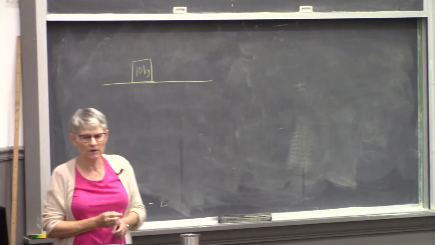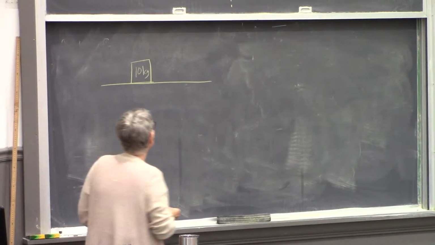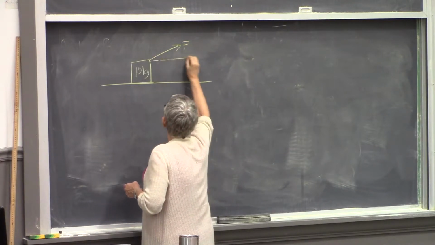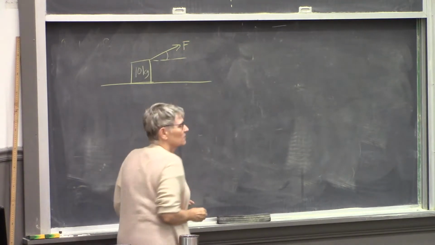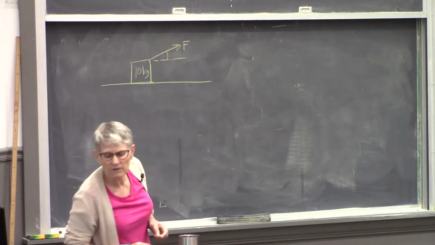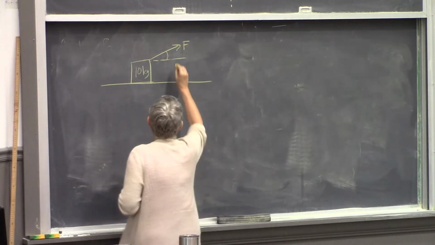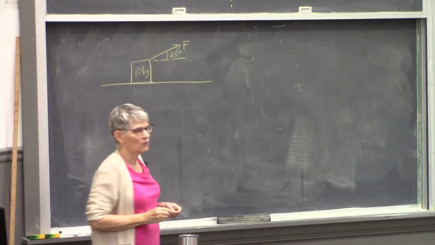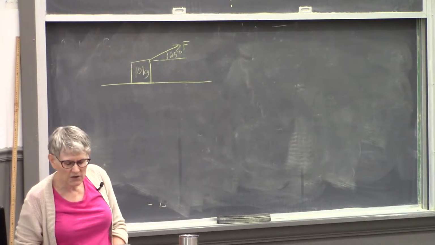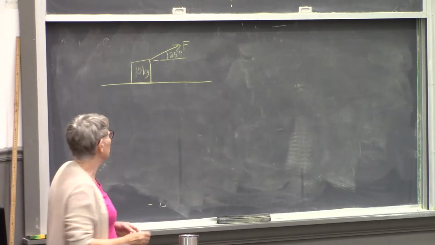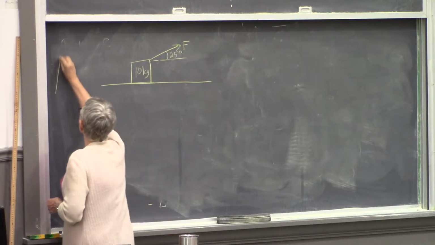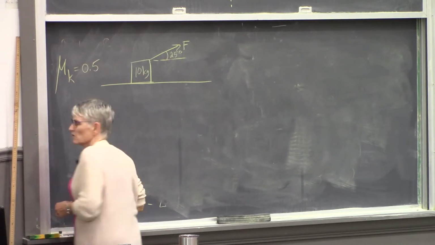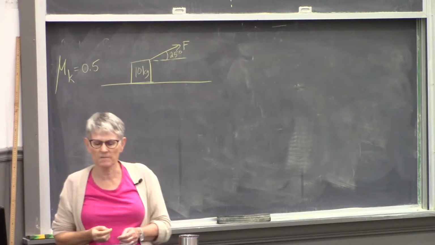We are pulling it across the floor with some force acting at some angle of, what, 25 degrees. And we know that the coefficient of kinetic friction is 0.5 for this system.